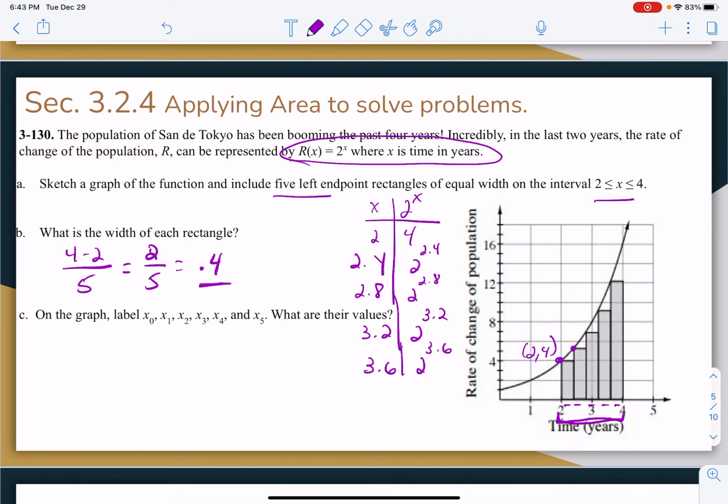So these values on the graph, x sub 0 starts at 2, x sub 1 is at 2.4, 2.8, 3.2, 3.6, and 4.